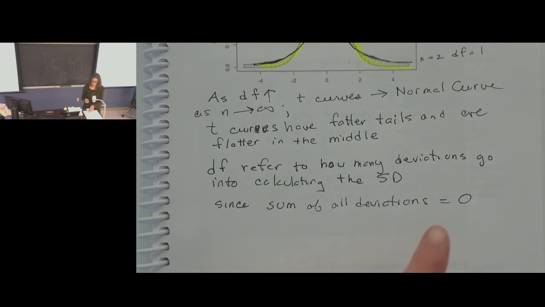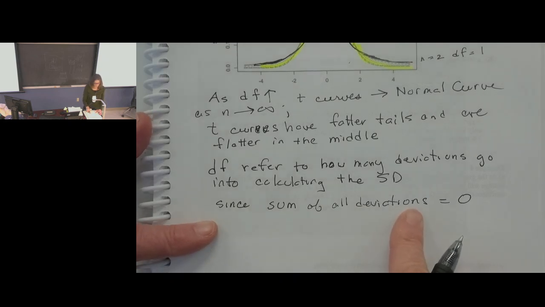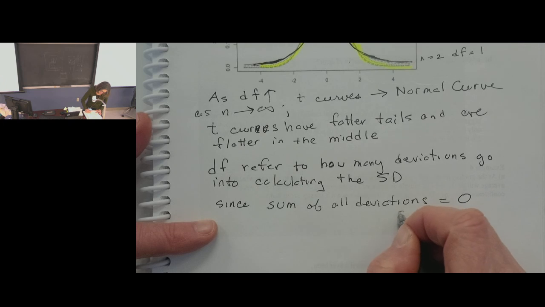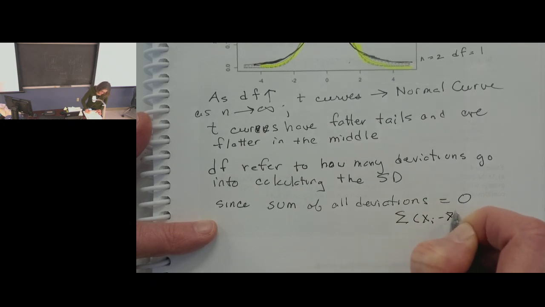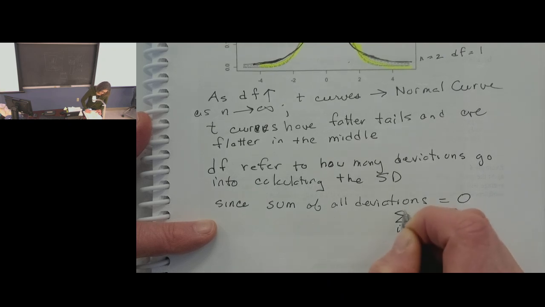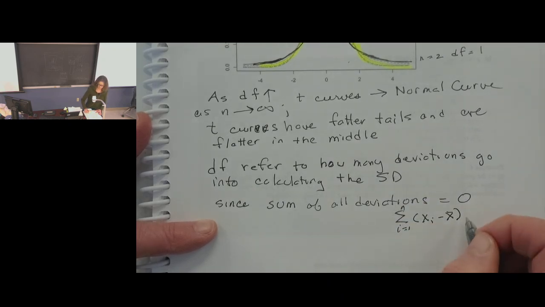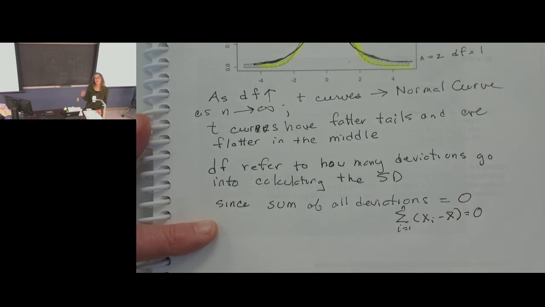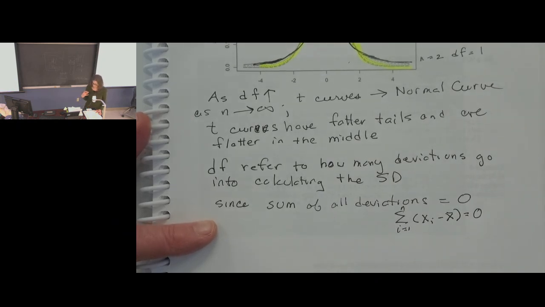But we can't just add them up. Now, what I mean is the sum of all your x sub i minus x bar, from i equals 1 to n, is 0. That's all I'm saying here. So if you sum them all up, they're 0.